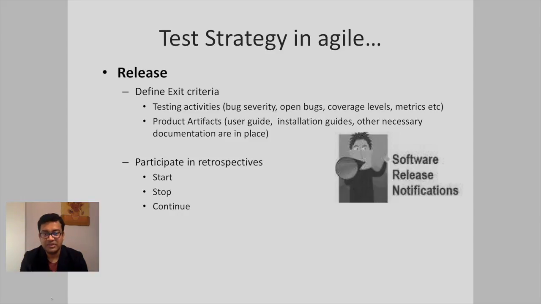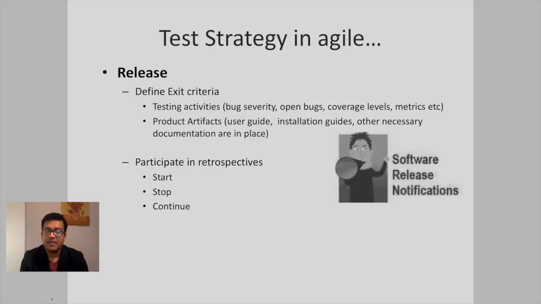Testing activities, bug severity, open bug coverage, metrics, everything has to be in sync with that exit criteria. Product artifacts like user guide, installation guide, and any other documentation should be in place.